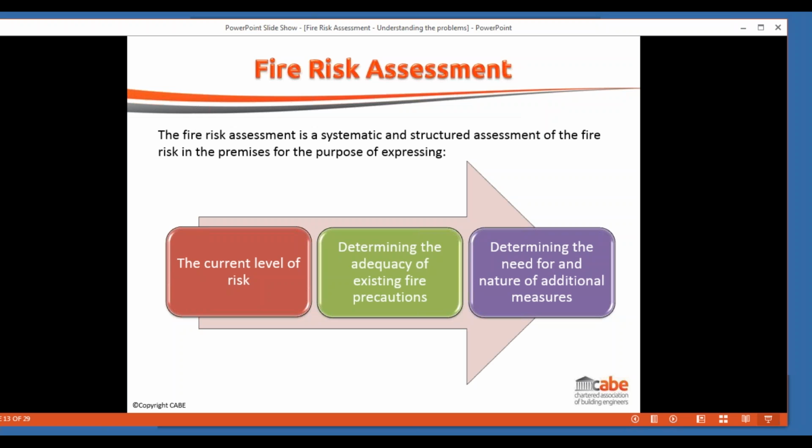And obviously the highest priority is to take the items that have a high likelihood and a high severity and try and put in additional measures to reduce those down, either to reduce the likelihood of it occurring or to reduce the potential severity should something go wrong. But the first step has to be to identify what the level of risk is and what the existing precautions are, and then we can start looking at putting in other measures to reduce the risk or to mitigate some of the potential consequences.